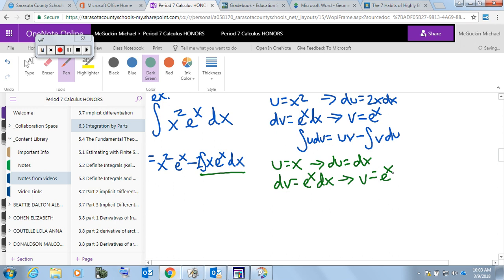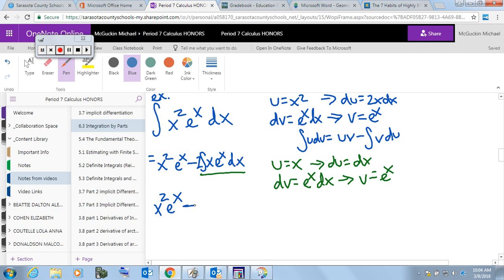integration in here. So I'm going to go ahead and bring down in blue what we originally had and are focused on as we're dealing with these. And so we have x squared e to the x, and then we'll be minusing the integral of what I have underlined in green here.